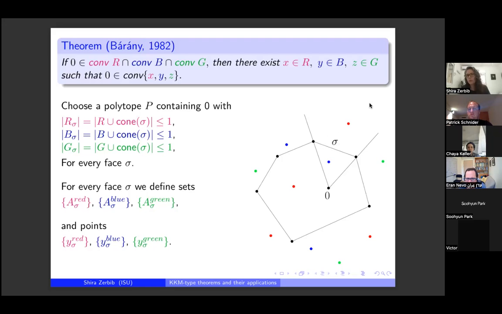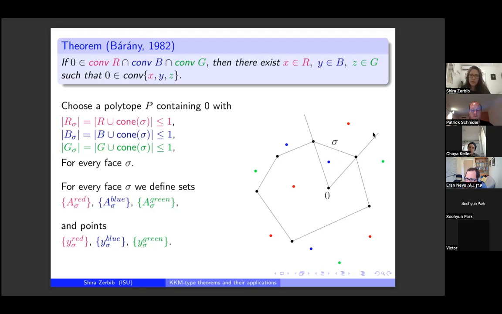So here, for example, in this sigma that we see here, it has one blue point and one red point in this cone, but it doesn't have any green point, which is okay. I just don't want to see 2 red points in the same cone. If I see that, then I'm just taking a finer polytope. So I will subdivide this face and wiggle a little bit to get a finer polytope.